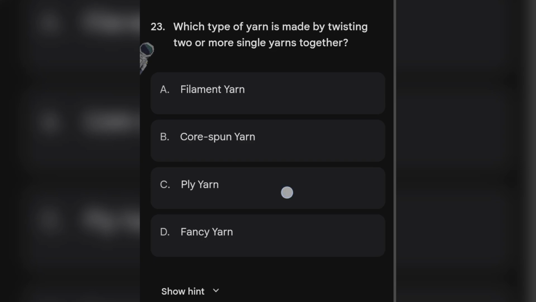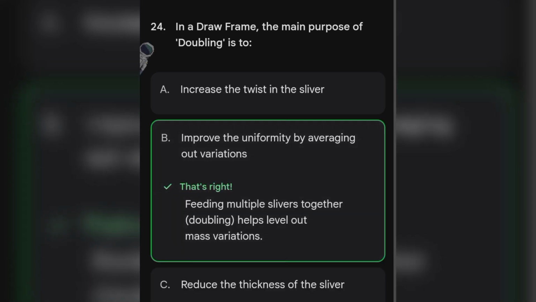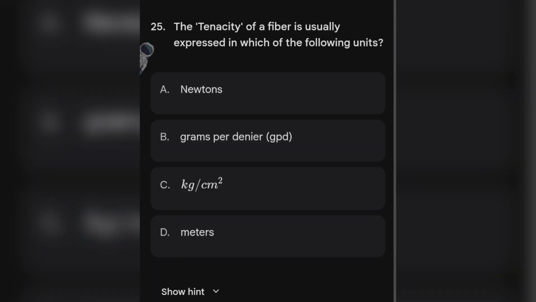It is called ply yarn. In the draw frame, the main purpose of doubling is to improve uniformity and average out the variation. The density of fiber is usually expressed in which one of the following units? It is GPD, gram per denier.